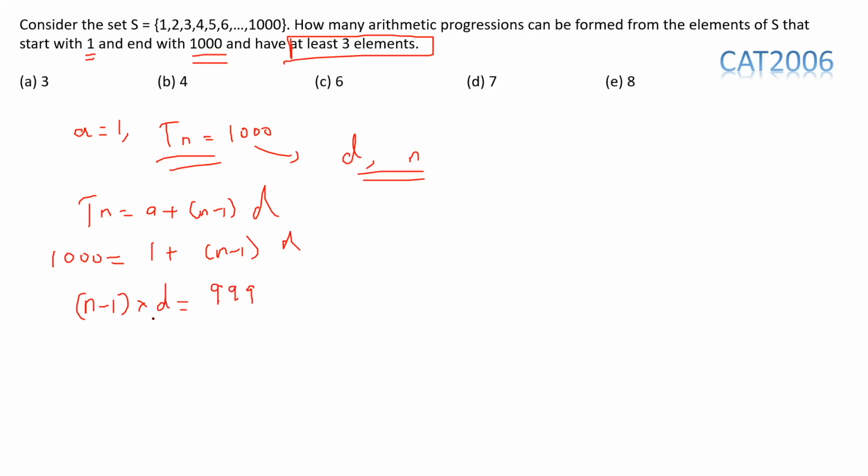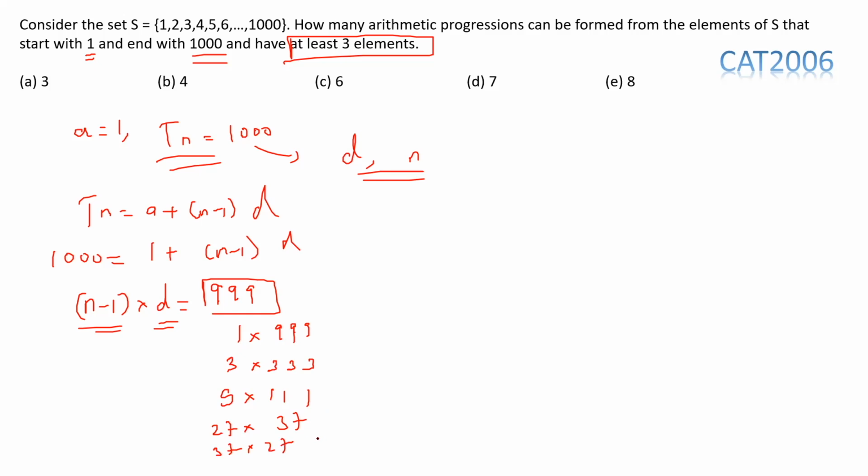Now guys, n minus 1 into d. How many such pairs can be formed for n minus 1 into d? As many ways as you can factorize the number 999, right? One way is you can factorize this as 1 into 999. You can factorize this as 3 into 333, 9 into 111, then dividing by 3, 27 into 37, 37 into 27, then 111 into 9, 333 into 3, and last 999 into 1. 1 2 3 4 5 6 7 8.